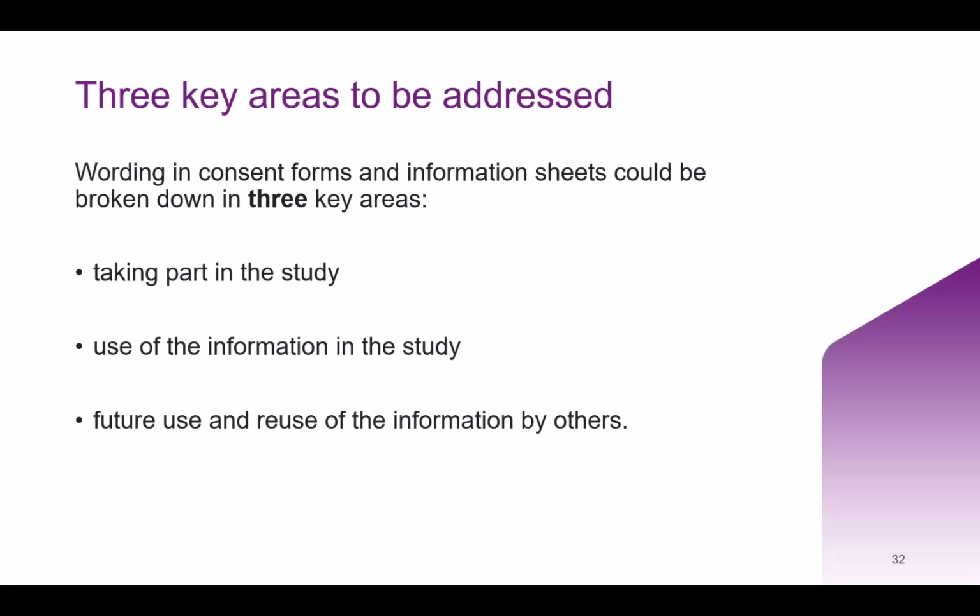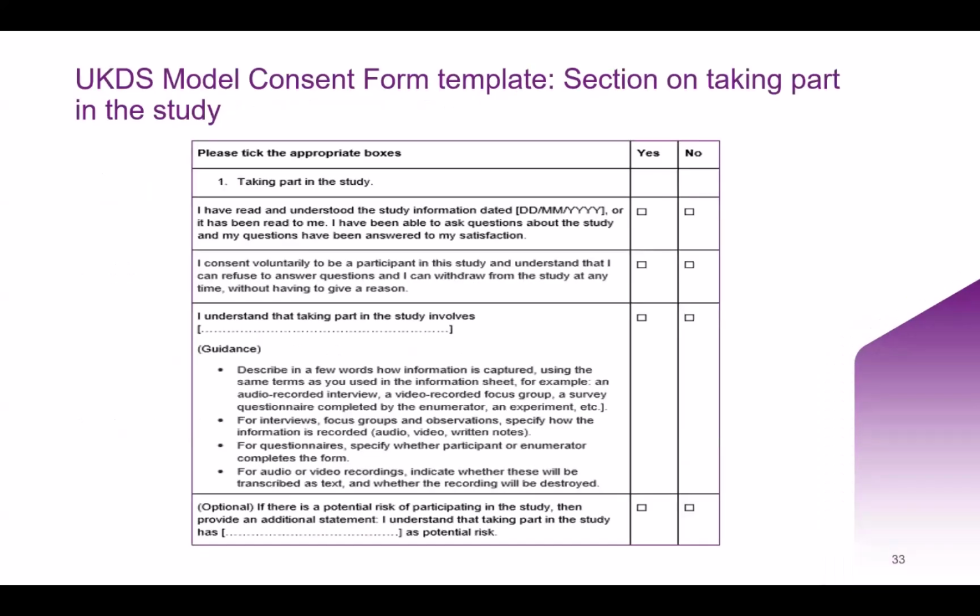So you can break down all the information that needs to be in the consent form into these three key areas. This is an extract of the UK Data Service Model Consent Form. I have taken a screenshot for this first section, which is about taking part in the study. I'll let you read it first.